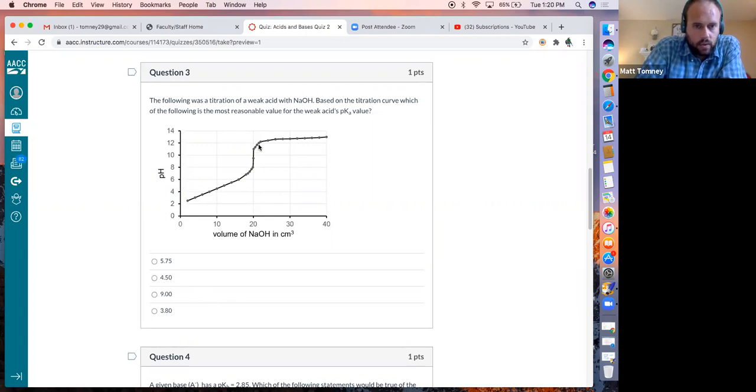That's up past the equivalence point. Okay, and then 3.8 is too low because we're definitely at 10 milliliters. We are definitely above that line. Okay. That's the only thing you had to do to solve this was just look at the equivalence point, then take half the volume of the equivalence point and see where the pH was because pH equals pKa at half equivalence point.